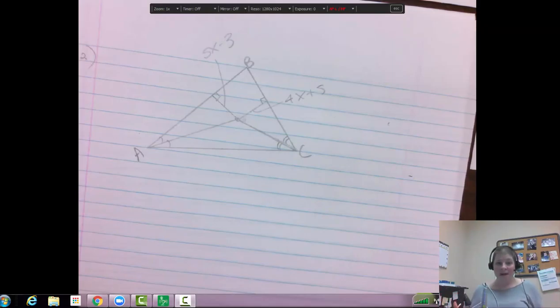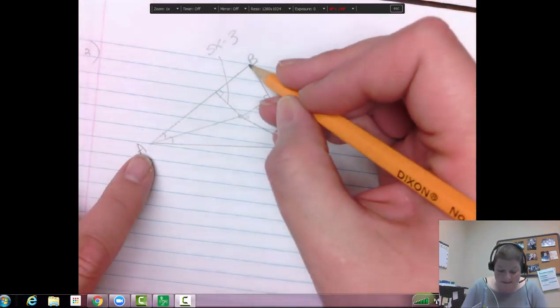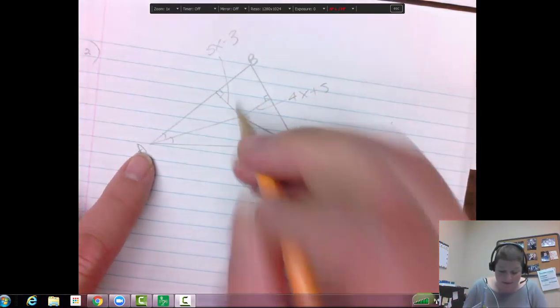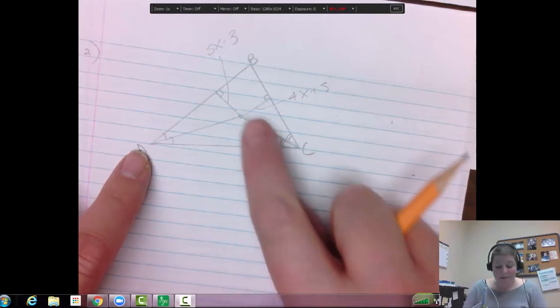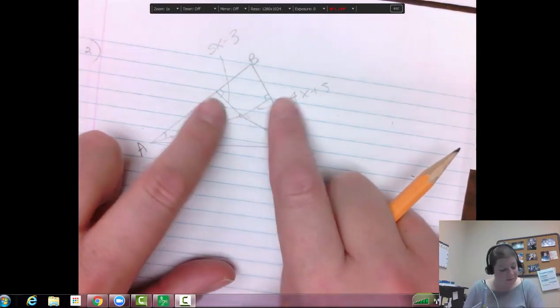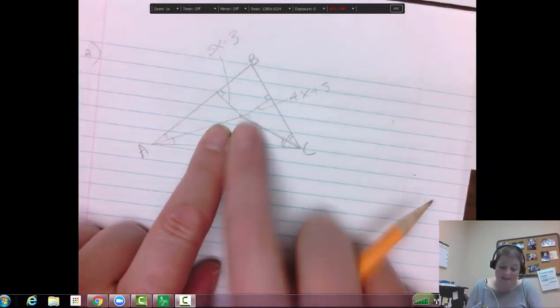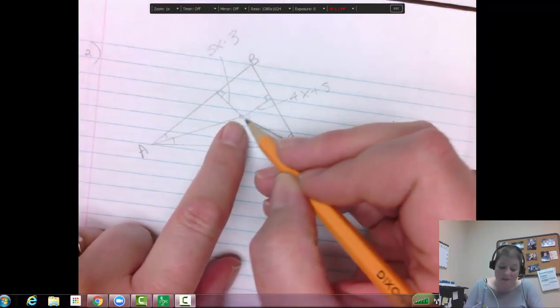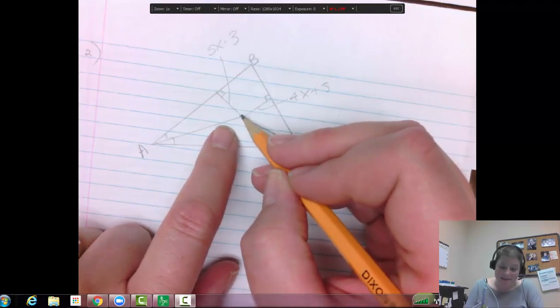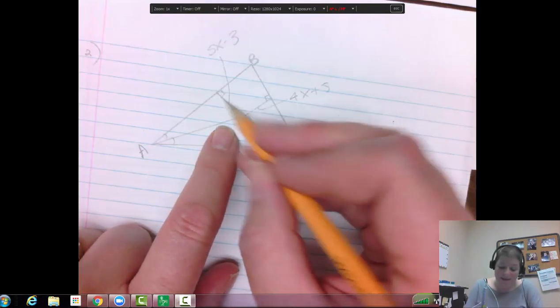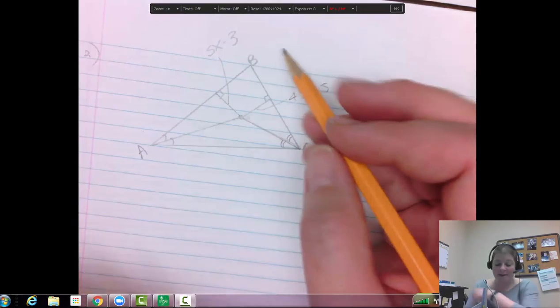Well, what do we know? We don't know if this is the angle bisector of this third one to find the incenter, but we do know from here these two, and they give you problems like this where you have to know, if two of these, then we know these two, because this is going to have to be the incenter, these two would have to be congruent because they go to the line and they're 90 degrees.